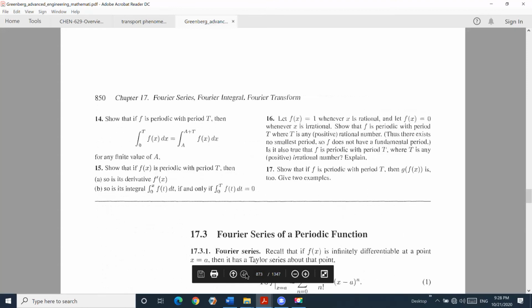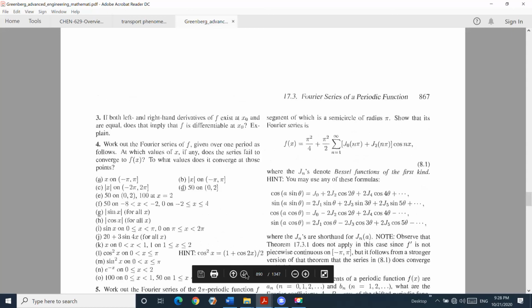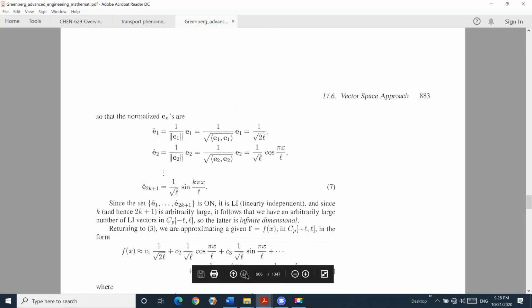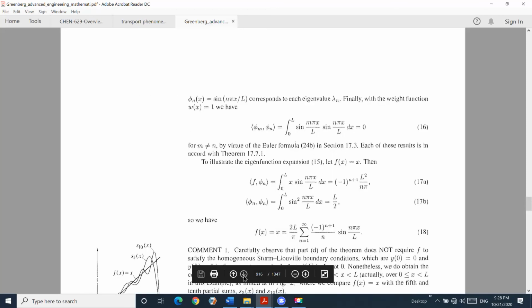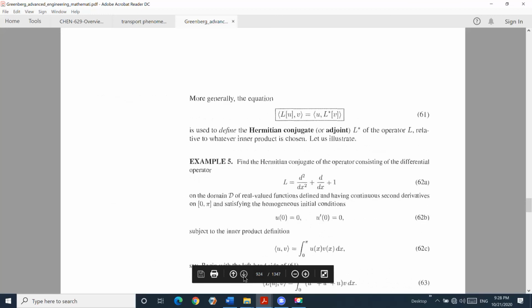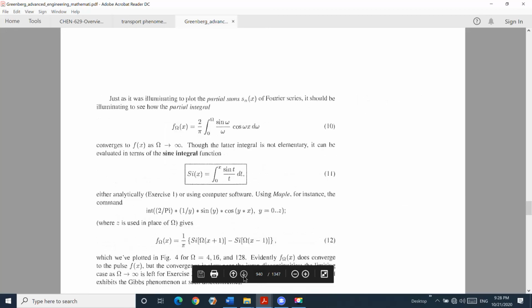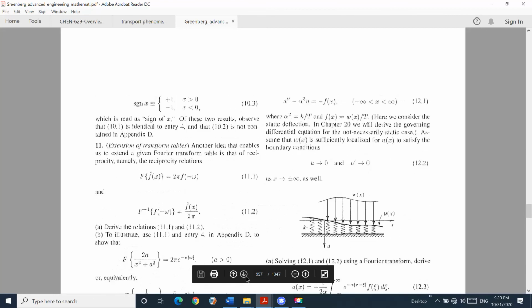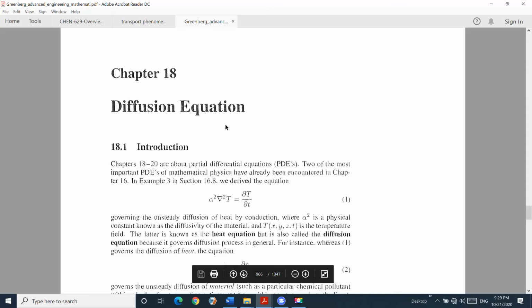We will see all these names later in the transfer phenomena book, so I just skip this quickly, and I just want to reach chapter 18 to conclude my review of this book. So we are here in chapter 18.